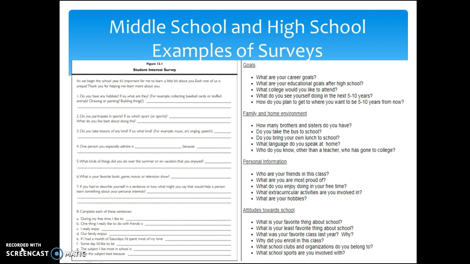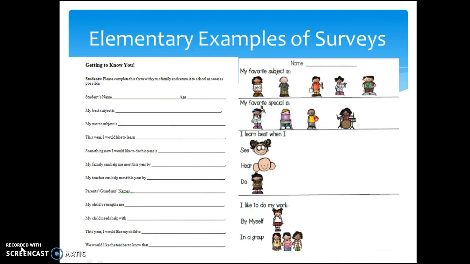Surveys can be done on paper and pencil or digitally. Now I will share some elementary examples of surveys. These getting-to-know-you surveys can be done by the student, or you can send them home so the parent can complete them at home with the student.